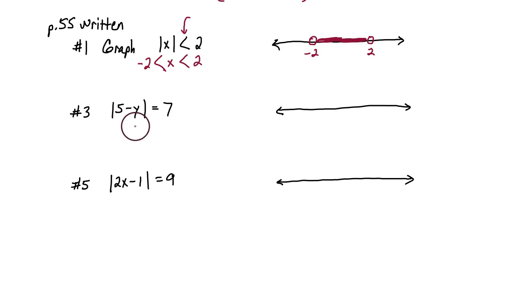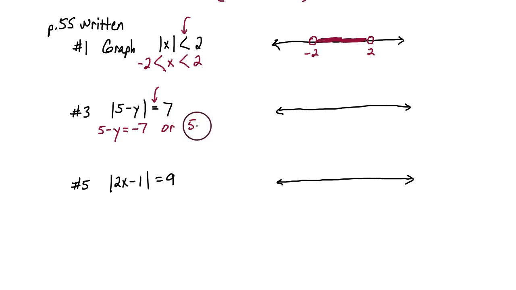Now, number 3, we have an absolute value expression, this time with an equal symbol. So the way that you rewrite this so it does not have bars is like this. Take the expression in the bars and set it equal to the opposite of this number on the right, which is -7. Then write the word or put a union symbol.